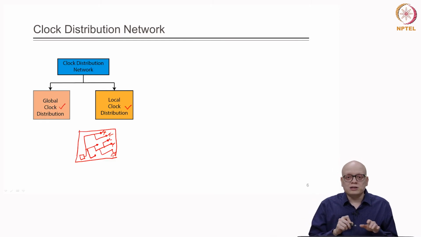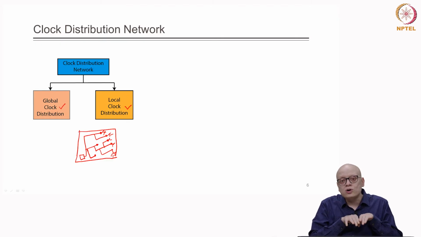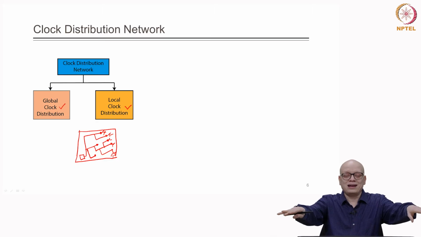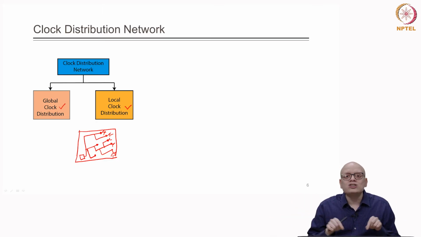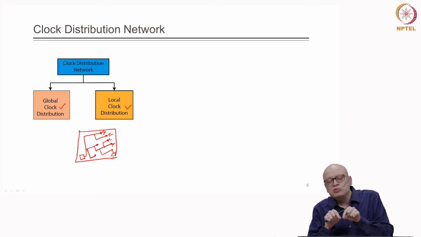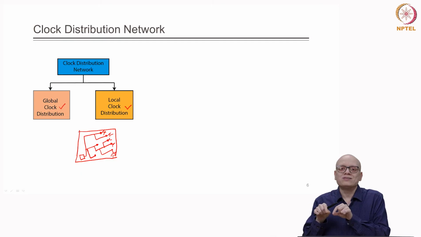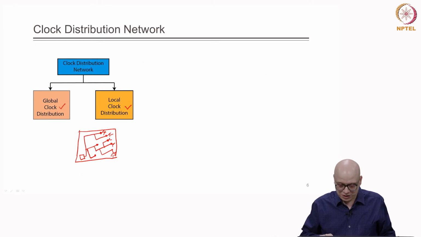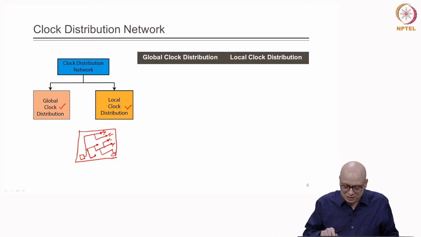So, the responsibility of the global clock distribution network is to propagate clock throughout the chip. From the endpoints of the global network, the local clock distribution network starts, and it delivers the clock signal to individual flip flops.